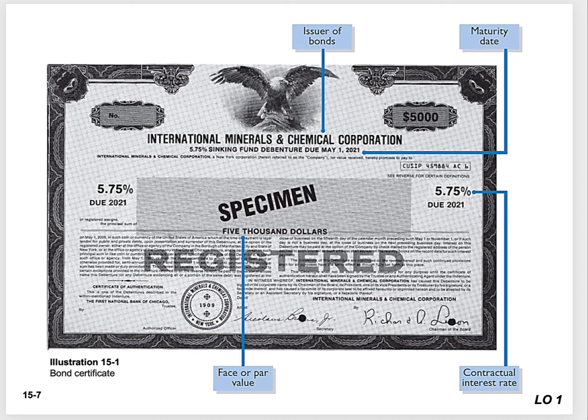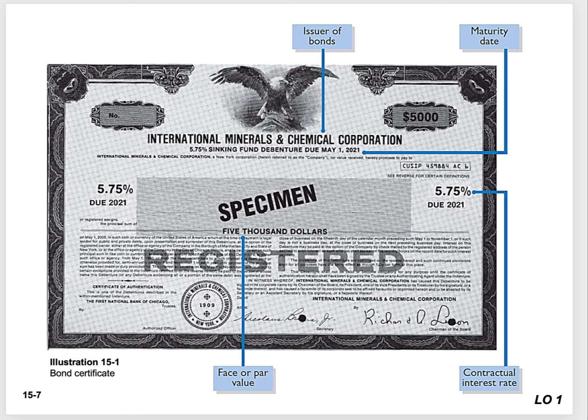They have that specified maturity date. And we can see here that International Minerals and Chemical Corporation has a $5,000 bond, and it comes due May 1st, 2020. That is the maturity date. Notice the stated rate or the contractual interest rate. That's 5.75% annually, okay?